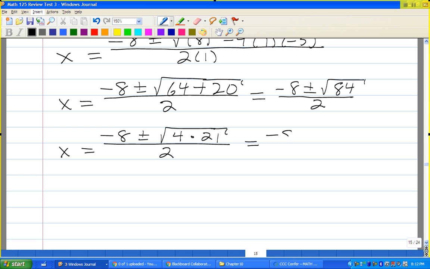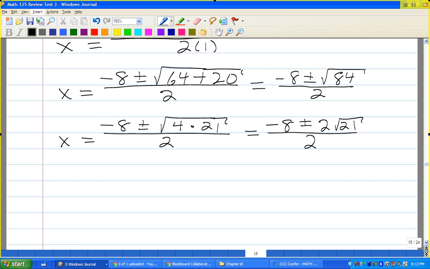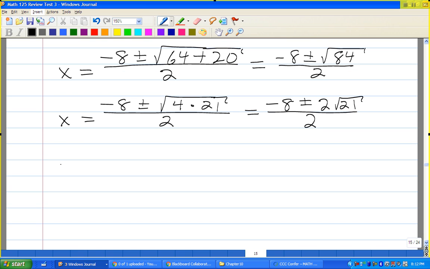So this is equal to negative 8 plus or minus the square root of 4, which is 2, rad 21 over 2. Let me factor. And so I get 2 times negative 4 plus or minus rad 21 over 2.